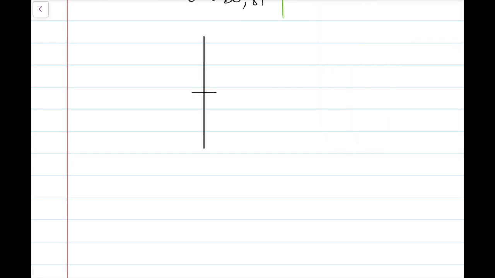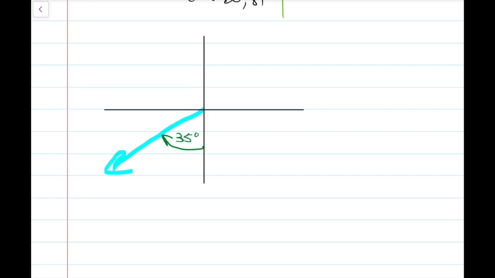So let's just do two more here. If my resultant is in that direction there, and I need to find the bearing, and this particular angle is, let's say, 35 degrees, what is my bearing for this vector? We'll call this the resultant force. Remember, my bearing is like you're writing the letter B, you have to go like that and go around.